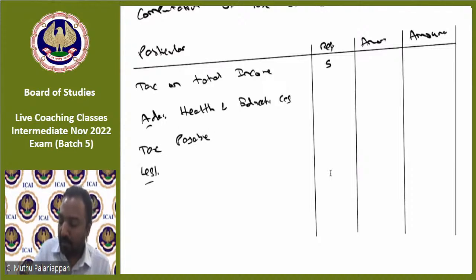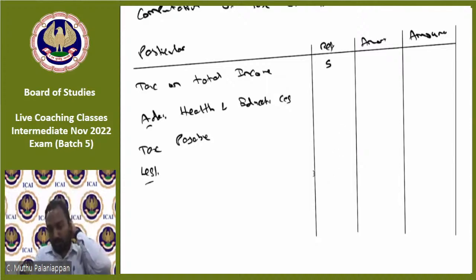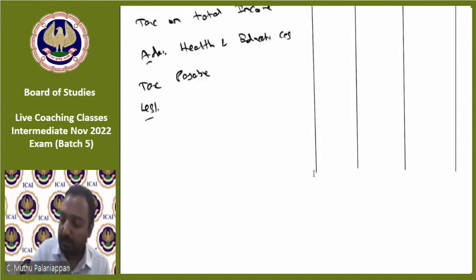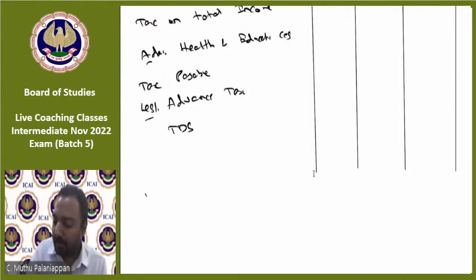Less, we will have to work out TDS and all those things. So whatever TDS is applicable, the advance tax, all those things. So we'll call it less advance tax because the question had advance tax. So less advance tax, less TDS. And with that you get your tax liability, or what you call tax payable.